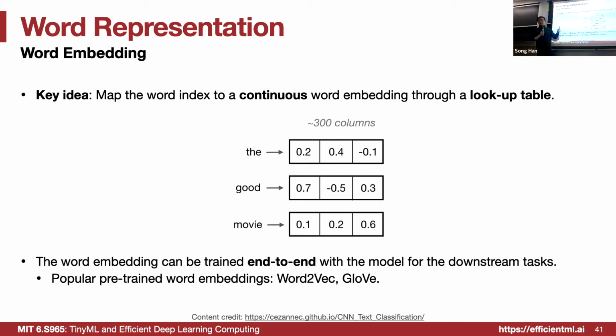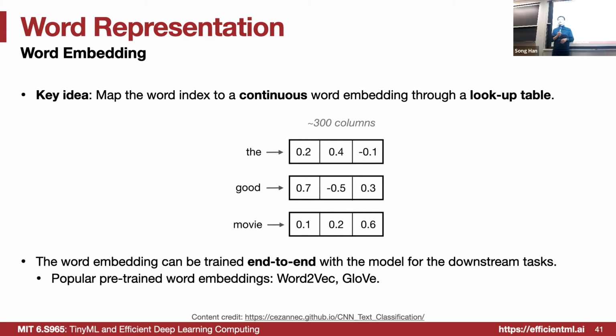A better encoding is actually using a high-dimensional continuous word embedding, not one-hot, through a lookup table. For example, we use 0.2, 0.4, 0.1 to represent the. So this is a 3-dimension embedding for different words. And the interesting part is that we can do math operations on such words.